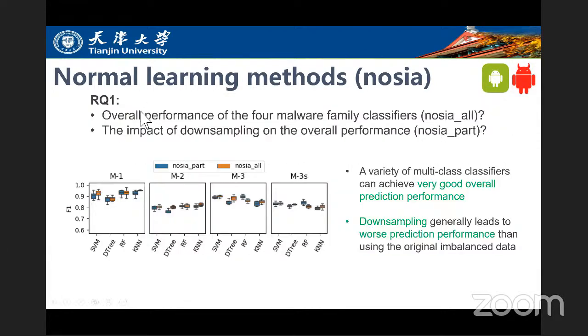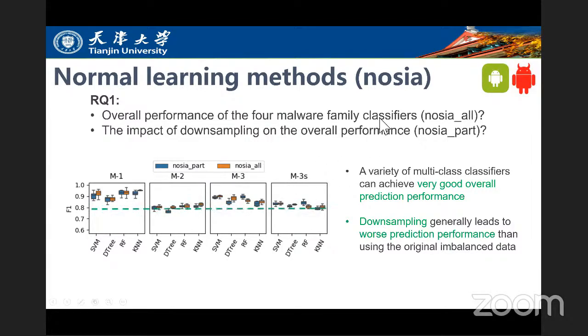For RQ1, we want to evaluate the overall performance on such datasets, that is NOSI all, and we want to evaluate the impact of downsampling, that is NOSI part, using the part dataset.